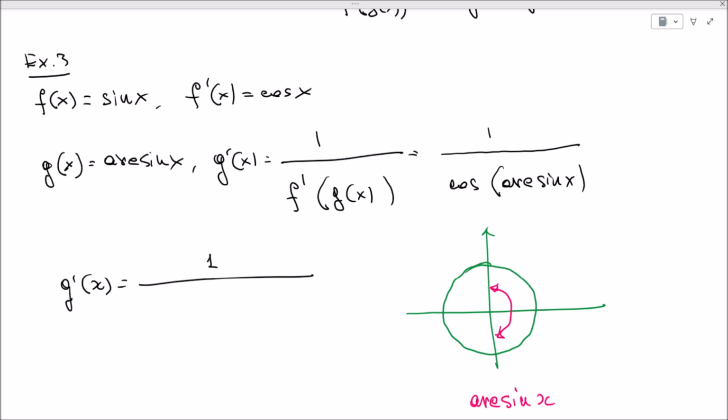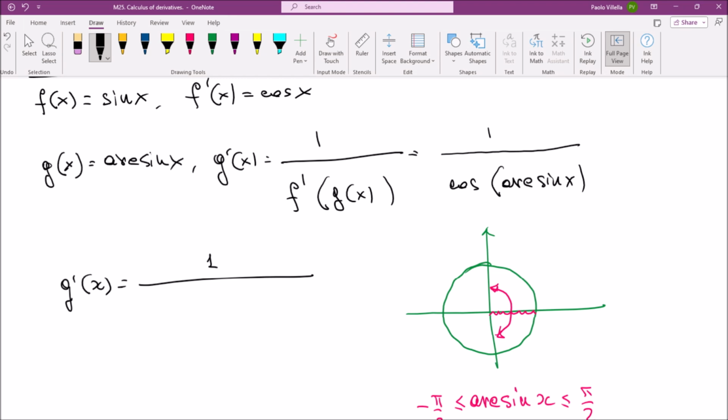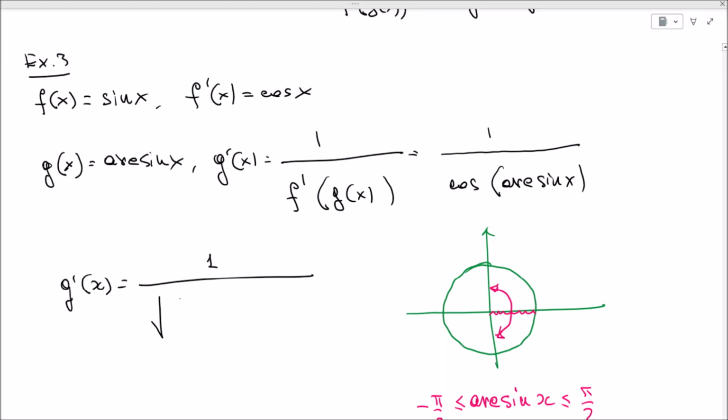We see that in this interval the cosine is always positive. So we can rewrite this as the positive square root of 1 minus sine square of the arc sine of x.